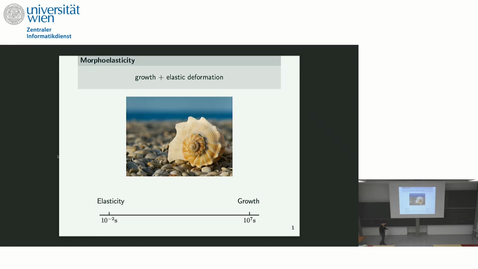And this example is also good to keep another feature of this process in mind, namely the fact that we have different time scales coming into play. Growth is a very slow process. It could take years, even decades. Elasticity, so the way in which our body reaches its elastic equilibrium, is very, very fast.